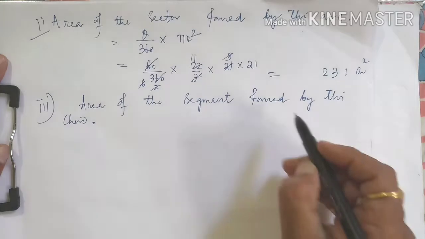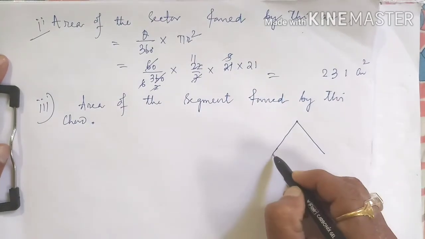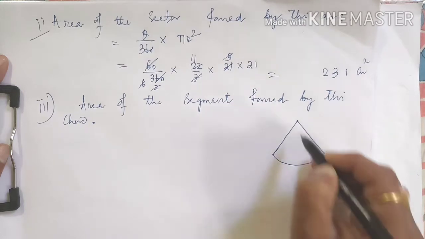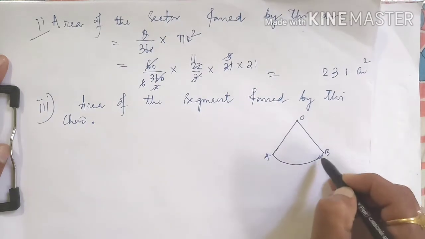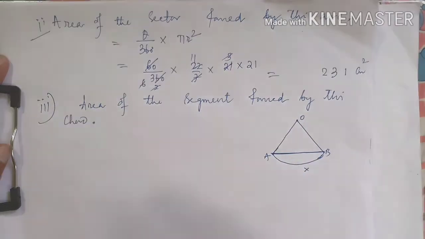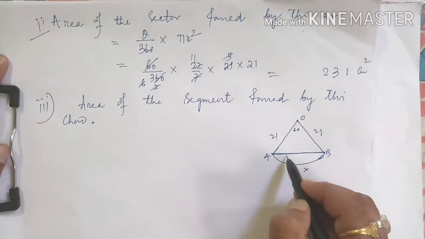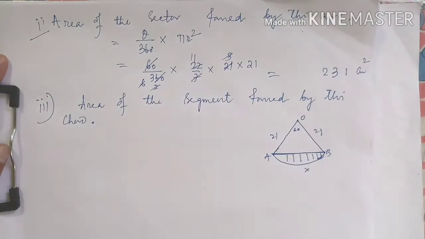See, here I am doing that thing again. Suppose this is a sector of what we did in the previous page. This is the chord. Now you see, students, here you have to calculate this region area, the area of the segment.